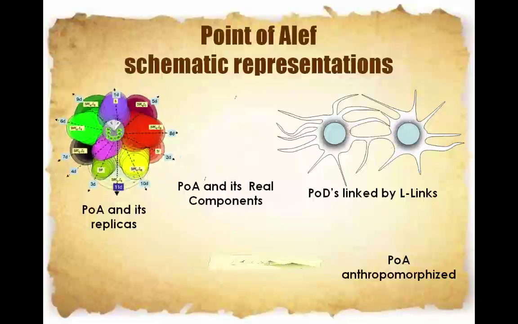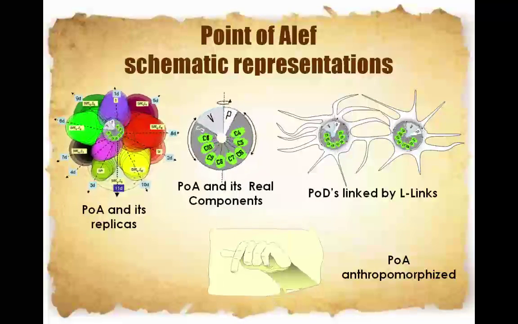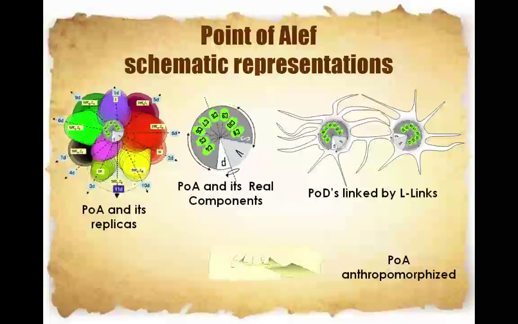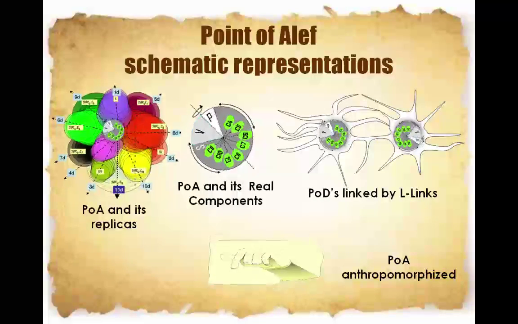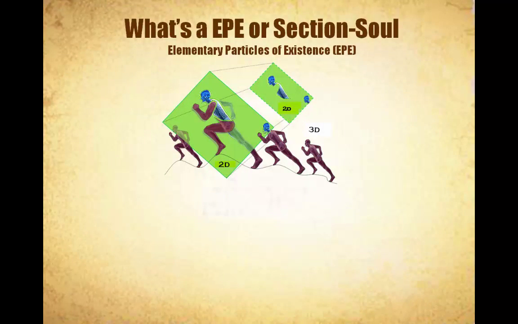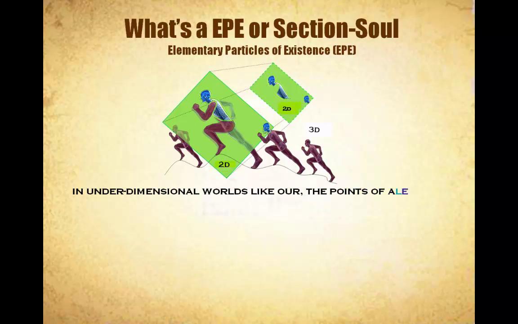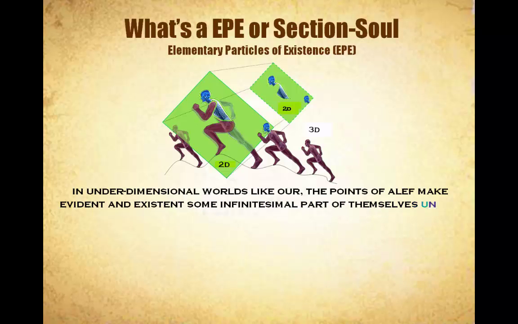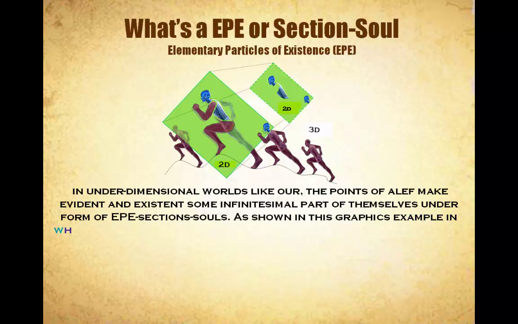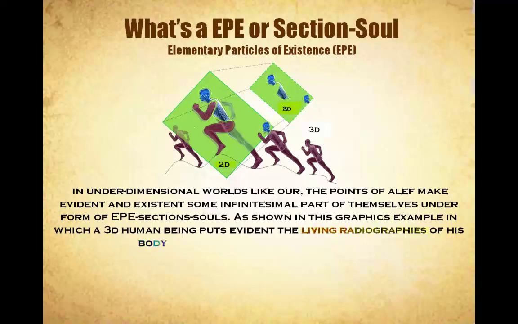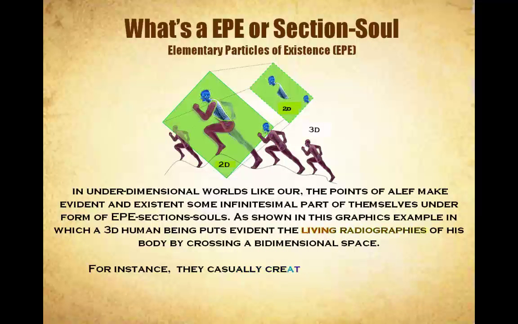These pictures show some schematic representations of the points of Aleph. Now we see the meaning of a section of the point of Aleph. Therefore, in underdimensional worlds like R, the points of Aleph make evident an existence, some infinitesimal part of themselves, in the form of EPE-Section-Souls, as shown in this graphics example, in which a 3D human being makes evident the living radiographies of his body by crossing a bidimensional space.